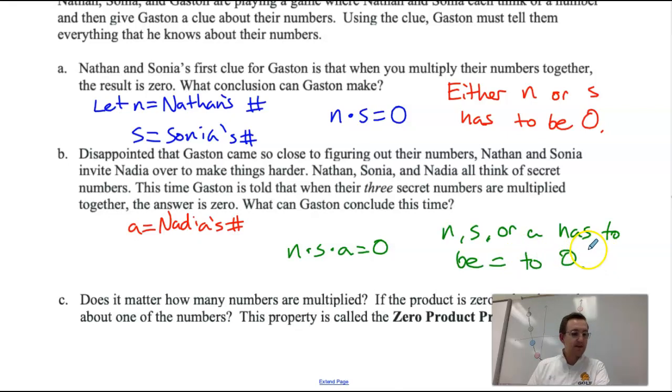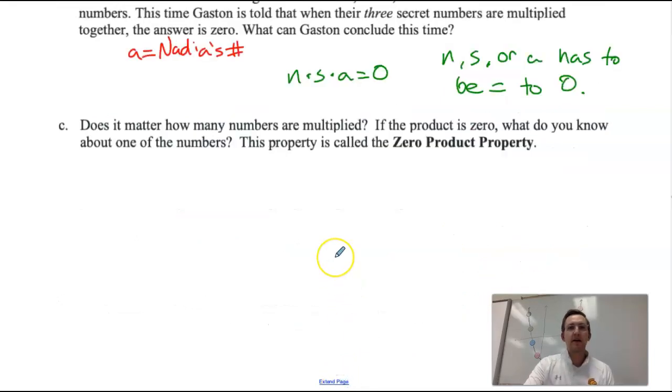So again, like I talked about already in part C, it doesn't matter how many numbers are multiplied together. If the product of the numbers is 0, we know for sure that one of the numbers being multiplied has to be 0. And this is what's called the zero product property. So in general terms, if a times b equals 0, that means that a or b will be equal to 0.